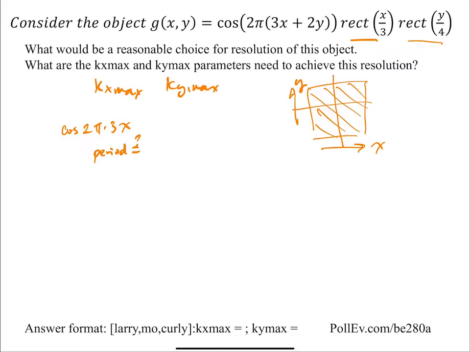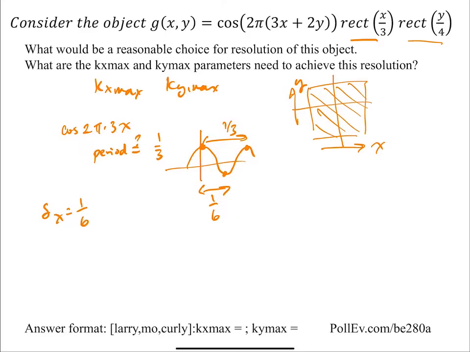So what do you know about sampling? What's the minimum I can get away with when sampling that function? 1 over 6. Because if I sample at 1 over 3, I only get the peaks. So I better sample at least the peaks and the troughs. So my desired resolution is 1 over 6 in the x direction.